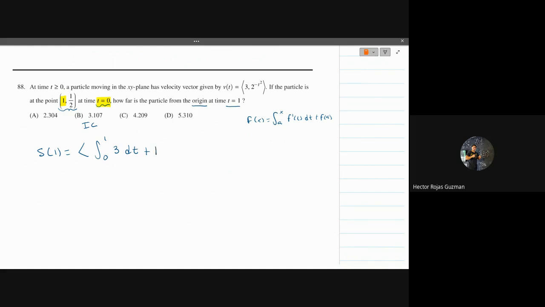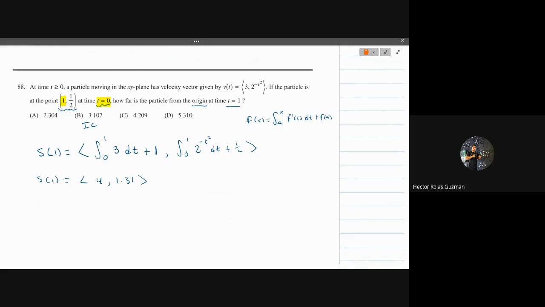The integral from 0 to 1 of y prime of t dt plus my initial condition, which is 1/2, will give me the position of the particle. And the position of the particle is (4, 1.31).